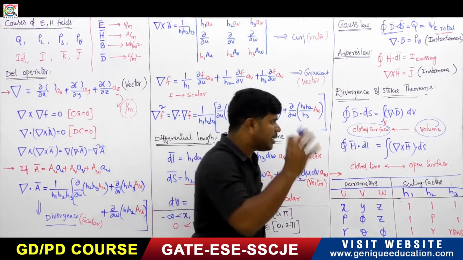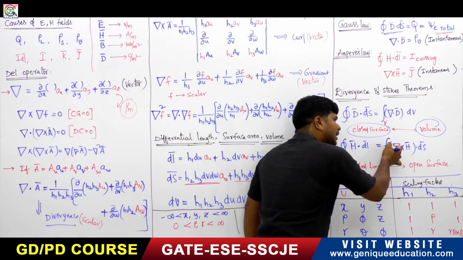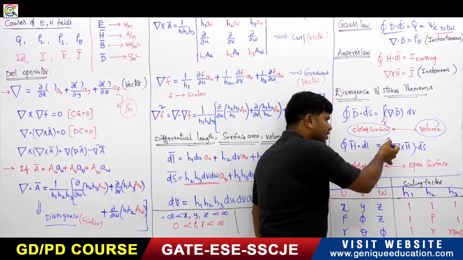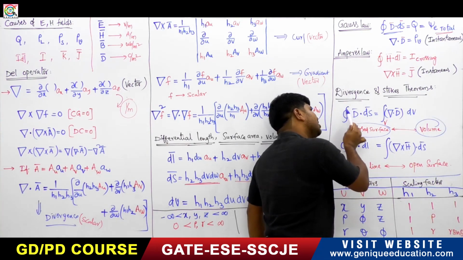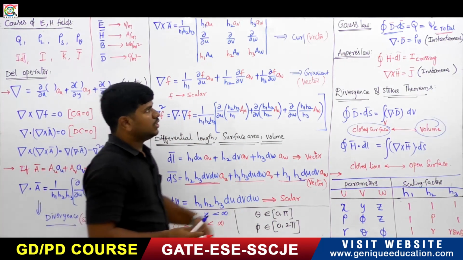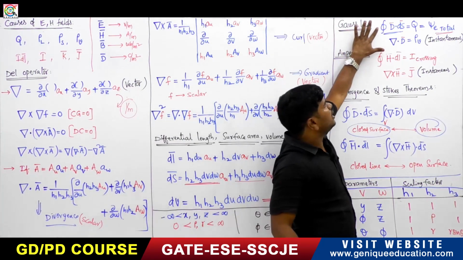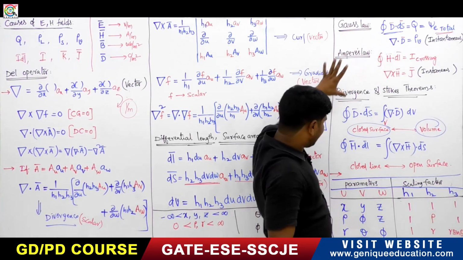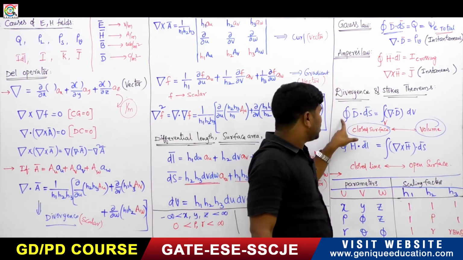By mistake also you shouldn't remove the closed integral here. This is a closed integral, and you should not remove it.